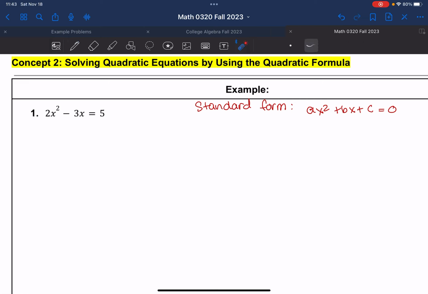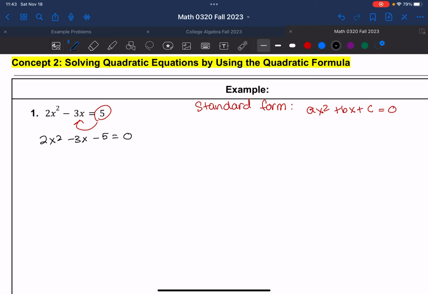Looking at this problem over here, notice that it's not equal to 0, it's equal to 5. So I'm going to have to move that 5 over in order to put it in standard form. So I'm left with 2x squared minus 3x minus 5 is equal to 0.